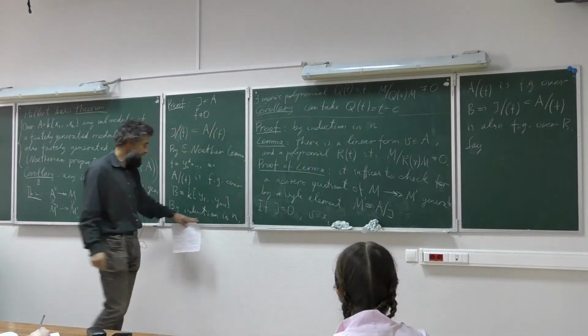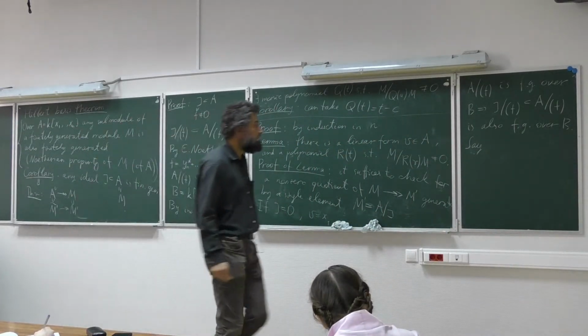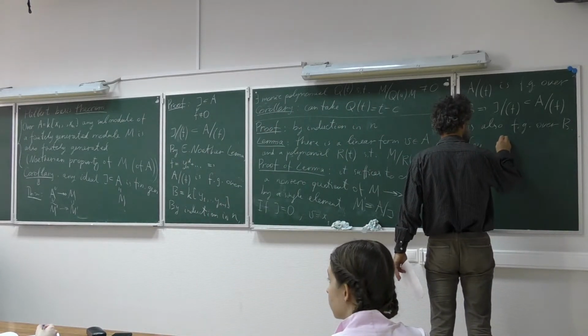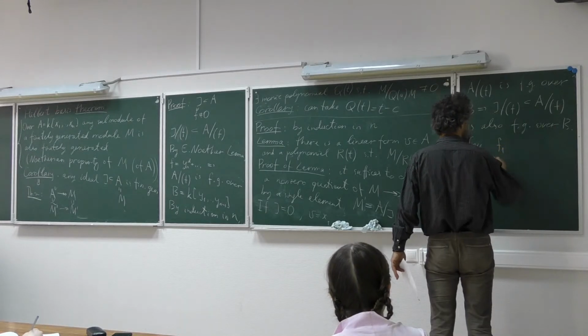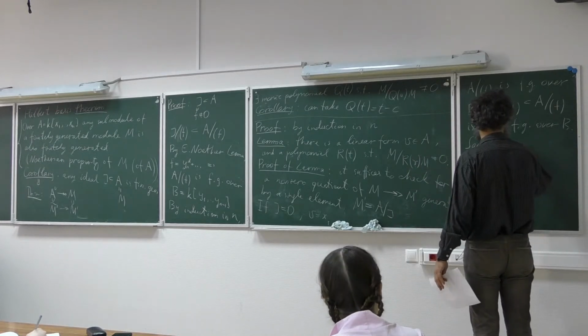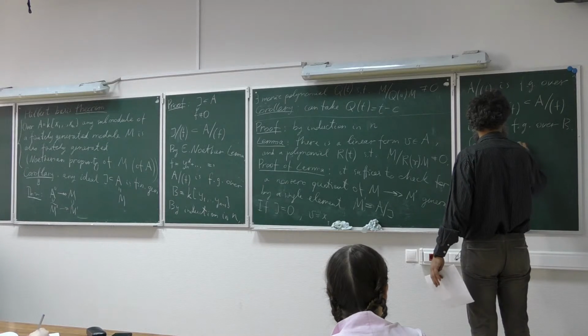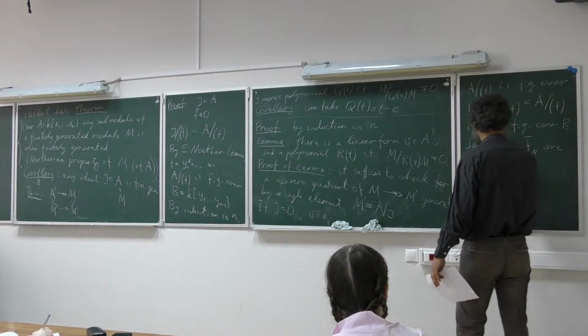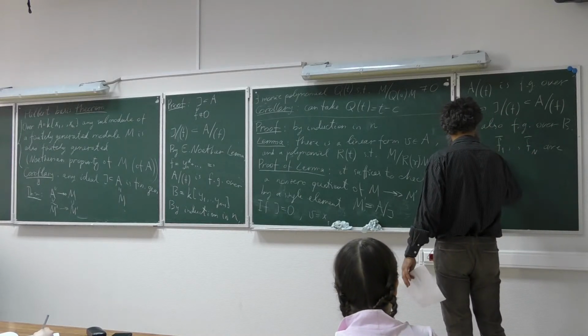By induction in n, we may assume this. So say f1 bar, ..., fN bar are some generators.